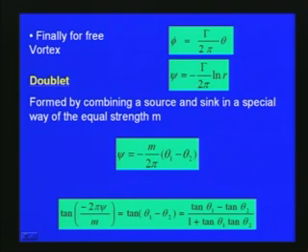So for a free vortex flow, if there is the circulation gamma, then we can define the velocity potential phi is equal to gamma divided by 2 pi theta, and psi, the stream function, is equal to minus gamma by 2 pi natural log r, where gamma is the circulation and r is defined here as well as in the previous figure. You can see r is defined, theta is defined.